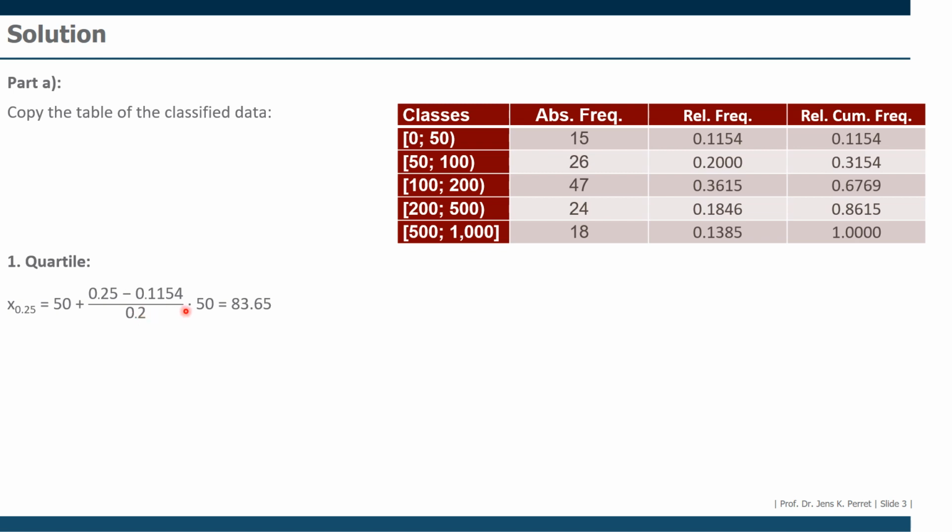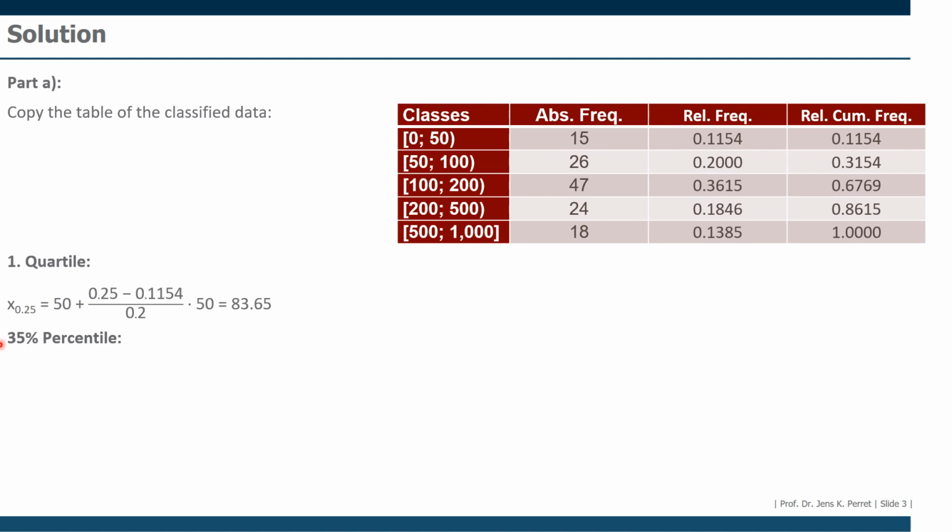Finally, we're going to multiply this fraction with the width of the class. The width of the class is simply upper bound minus lower bound. So 100 minus 50 gives me this 50 here. If I put all of this into the calculator, I get 83.65.